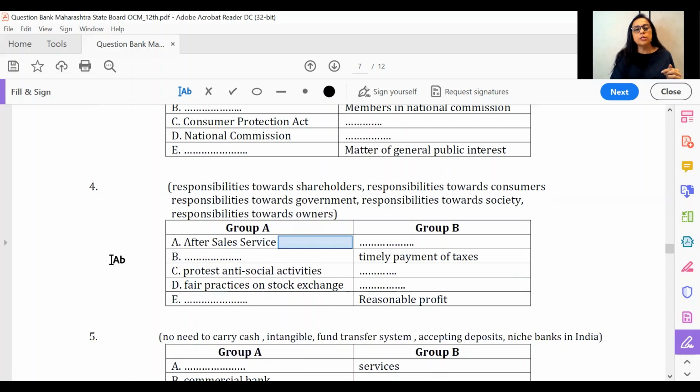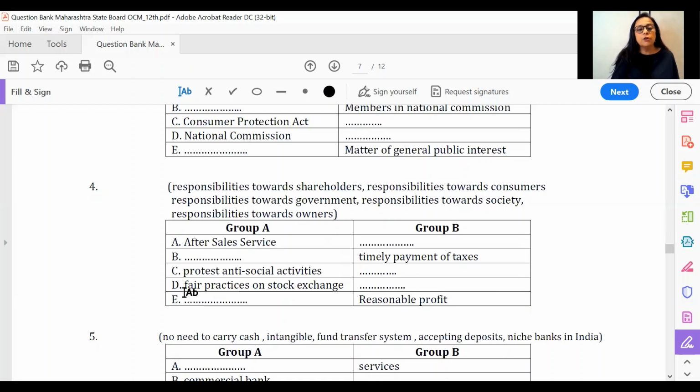Once again, if you will see here, after sales service, and we don't really need to make markings here. After sales service is nothing but the responsibility a business has towards consumers. Now, something really very important I would like to tell you, please open your textbooks, go to the chapter, read out these points, look for the title of responsibility towards shareholders, find out which one of these matches there.